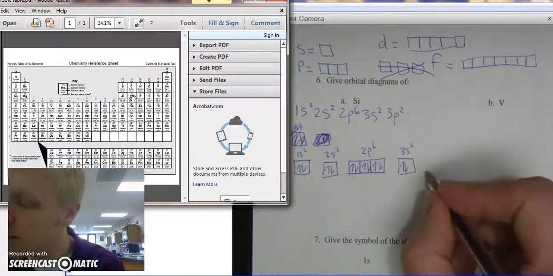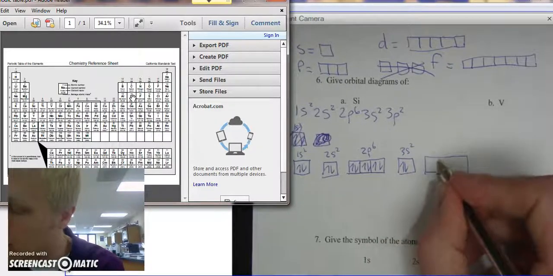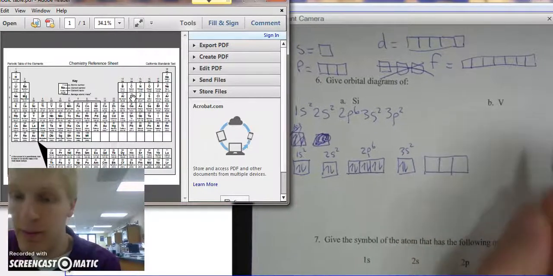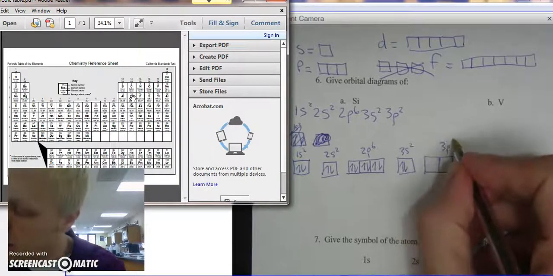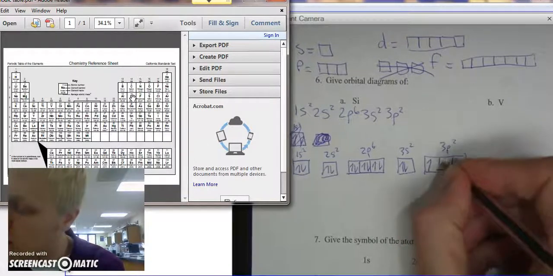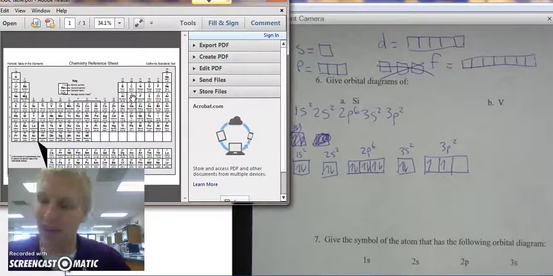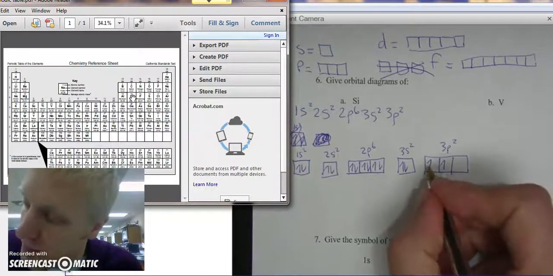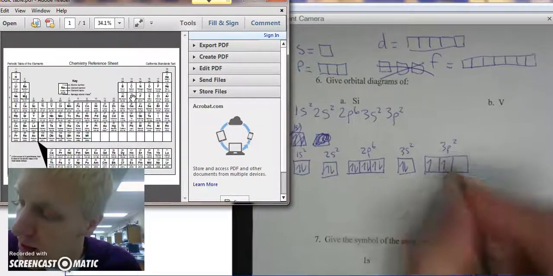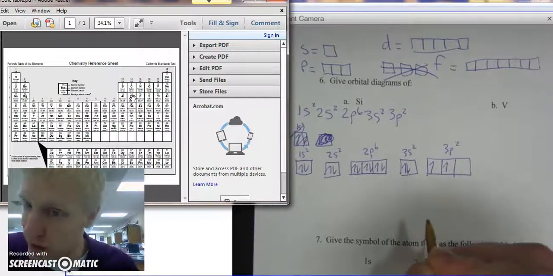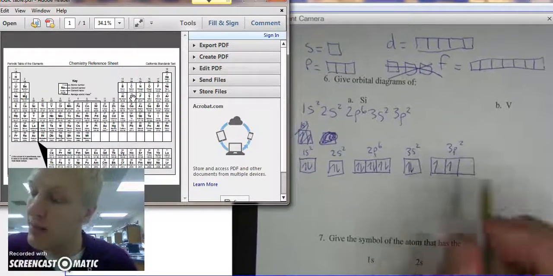And then 3p2, since it's the p orbital, we do have to show 3 boxes. However, we only have 2 electrons, and they are each filling in a box with just 1 electron. It's okay to have 1 that's empty.